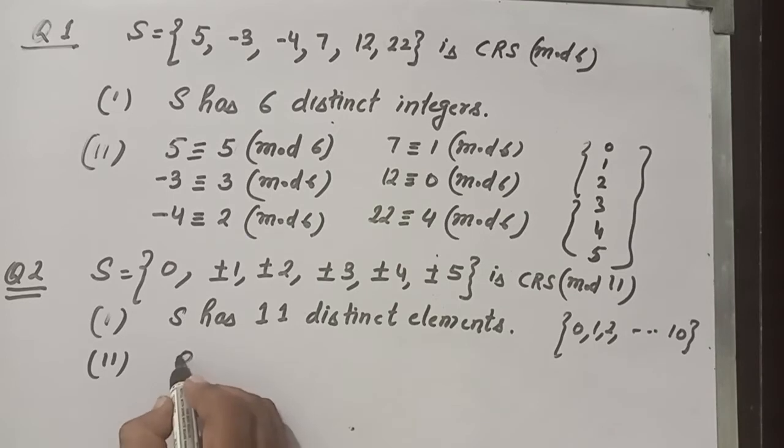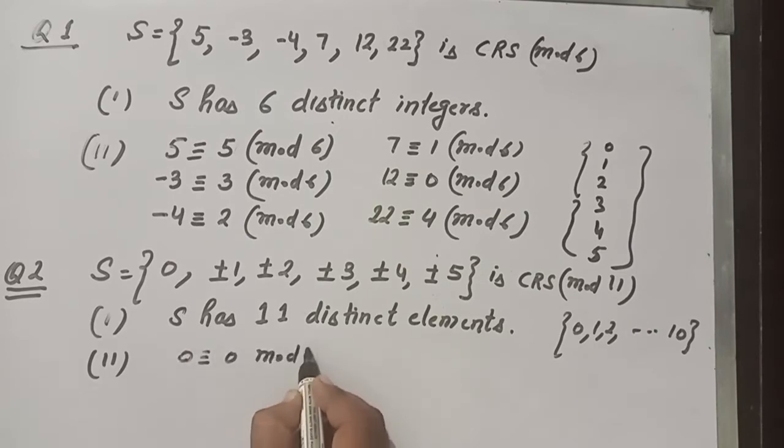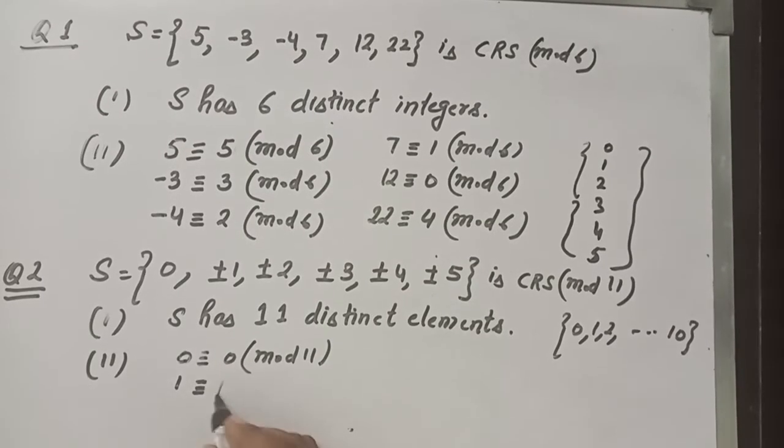First, 0 is congruent to 0 mod 11, no problem. Now 1 is congruent to 1 mod 11, because whenever a non-negative integer is less than 11, it is congruent to itself.